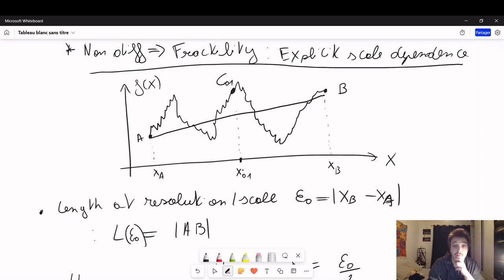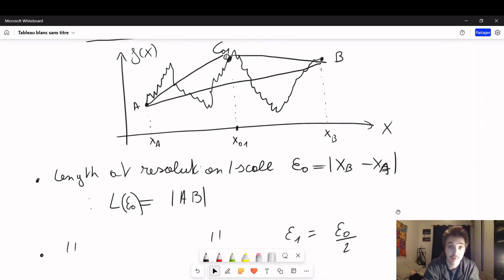When you compute the length of the curve at that resolution, you take the segment from A to C01 and then from C01 to B. And this length is, of course, strictly bigger than the first.